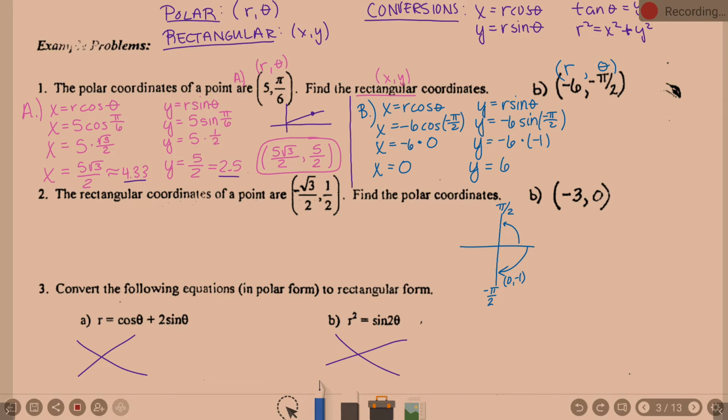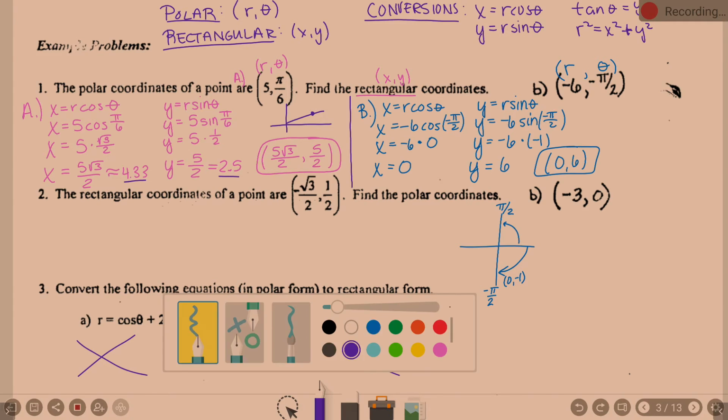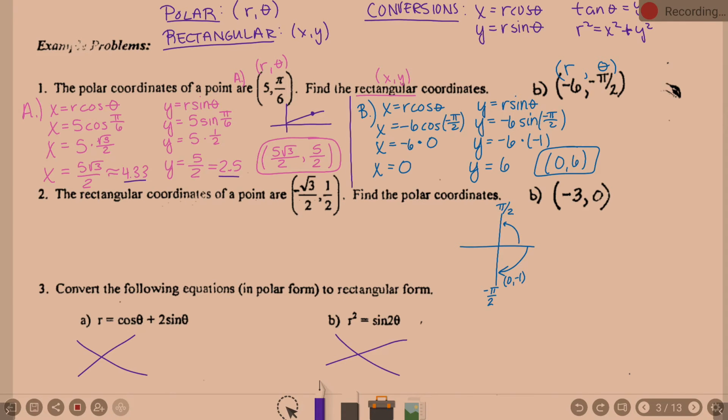Okay. Now, first of all, the ordered pair here is 0, 6, yes? I want to talk about, logically, how we graph -6, negative pi over 2.